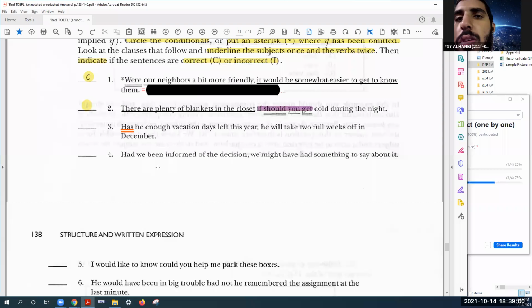Here is the subject. All right. Good. Now, what about if? Can I put if in this example somewhere, or is it missing? It's missing. Where should it be? At the beginning. If he has, reverse. Yes. Okay.